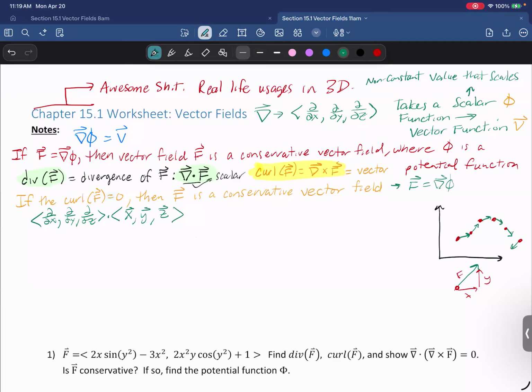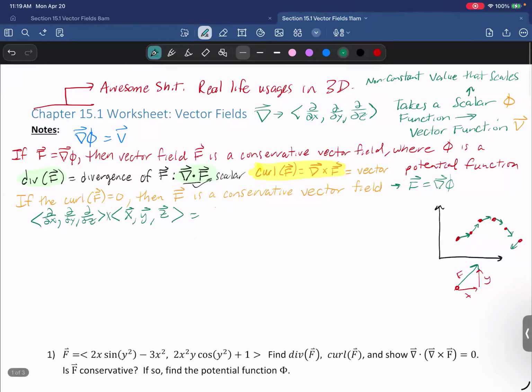Hat means unit vector. When we do it, the point is this stuff gets applied to it.